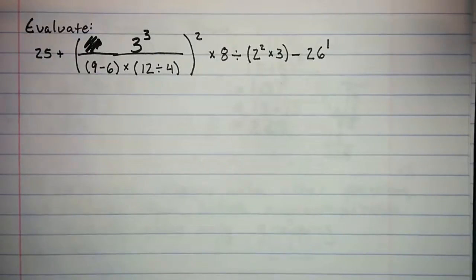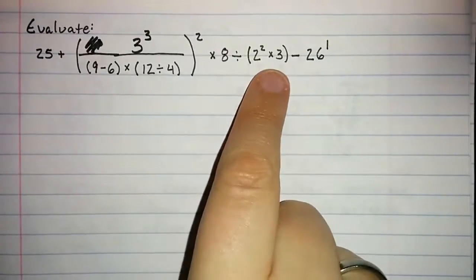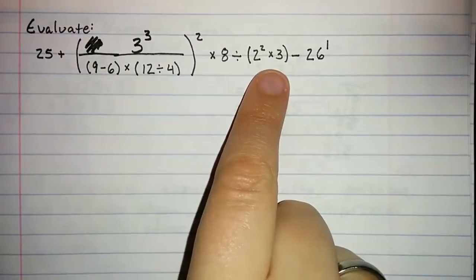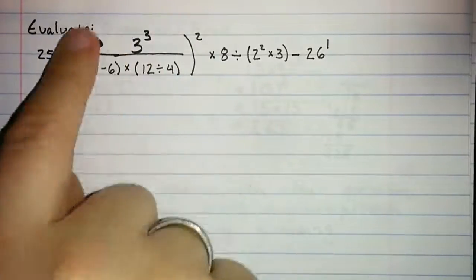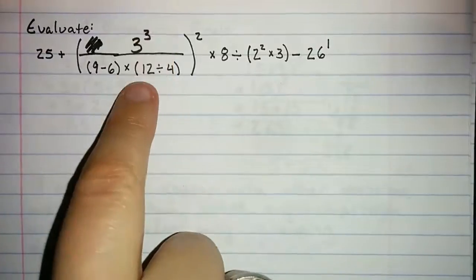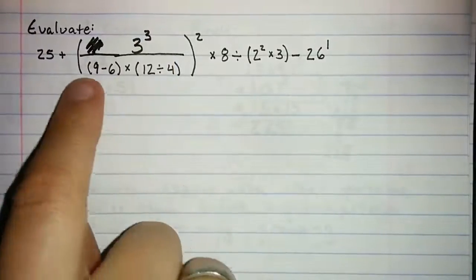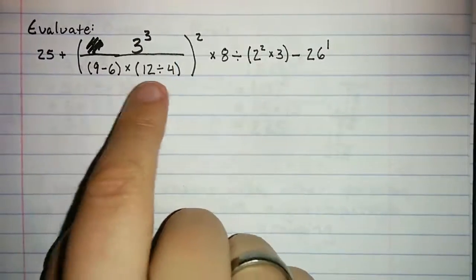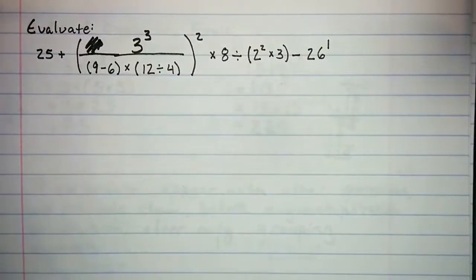All right. So we begin with grouping symbols. I see this grouping symbol, a set of parentheses, this set of parentheses. Inside I see a fraction bar, and inside the fraction bar I see a couple of extra sets of parentheses.